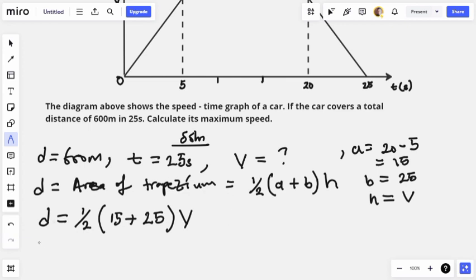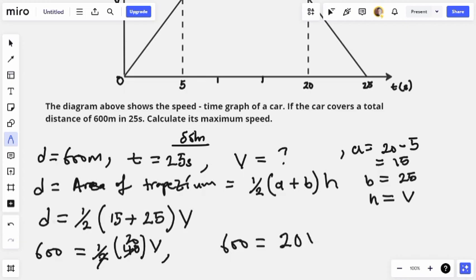So we plug in our parameters. So 600 equals a half, 25 plus 15. This will be 40, times v. So you now have 600 equals, 2 will cancel 40, 20 times v. 600 equals 20v.